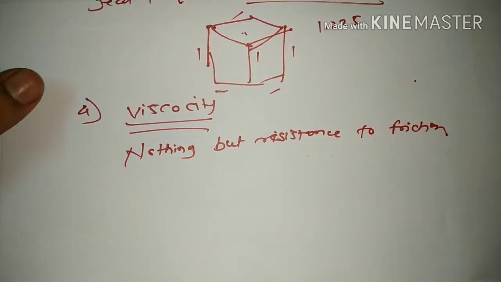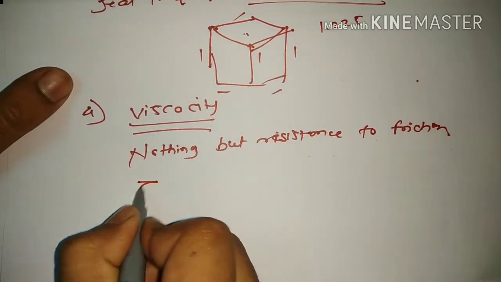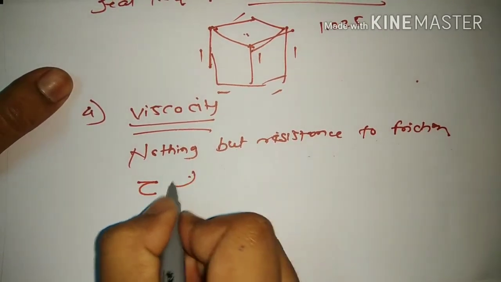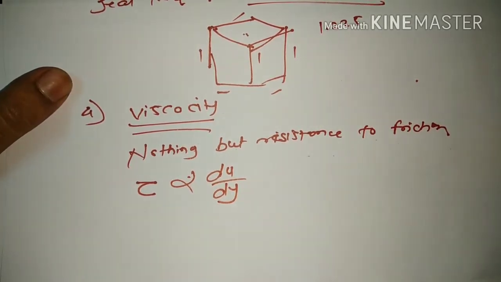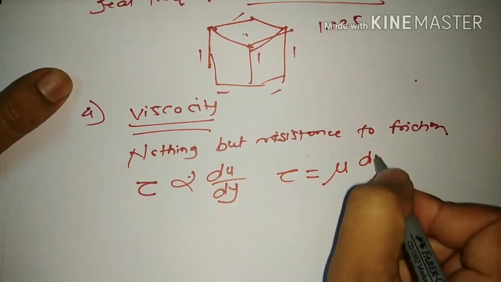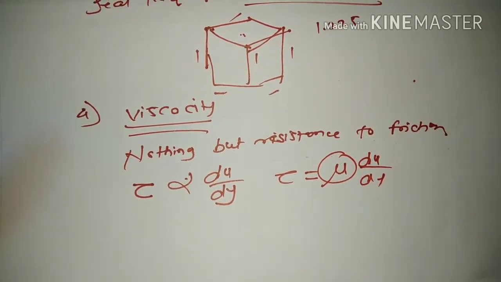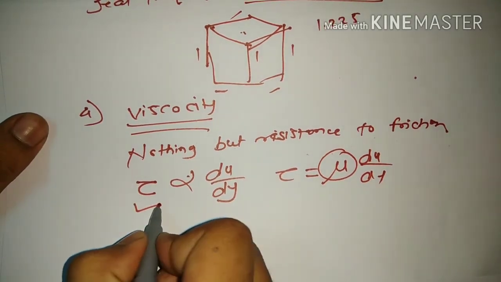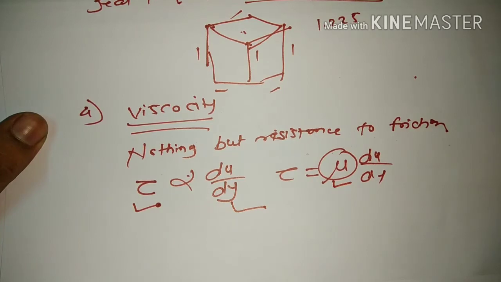By Newton's law, tau is proportional to du by dy, so tau is equal to mu du by dy. Tau is the shear stress, du by dy is the velocity gradient, and mu is the viscosity.